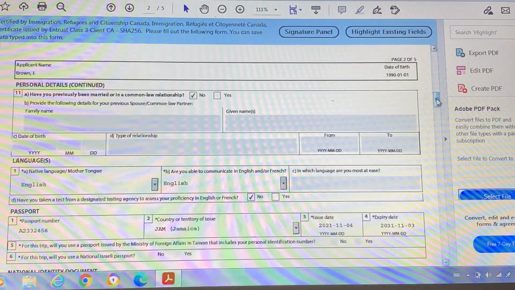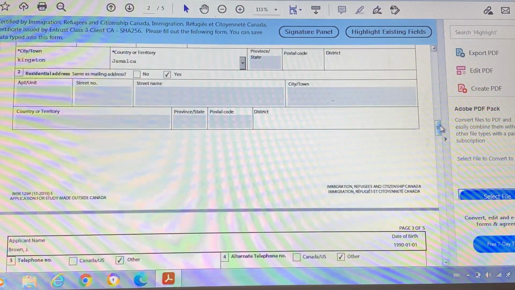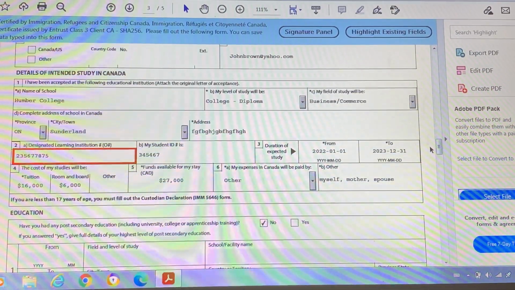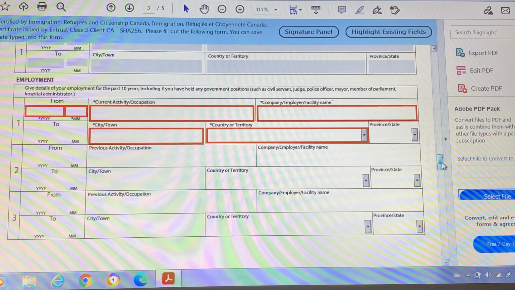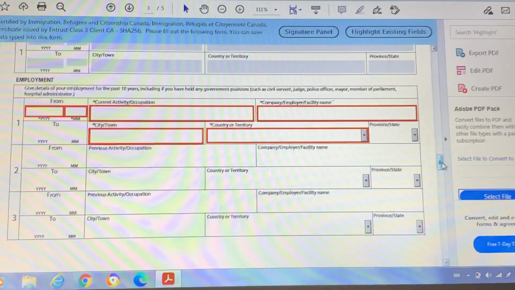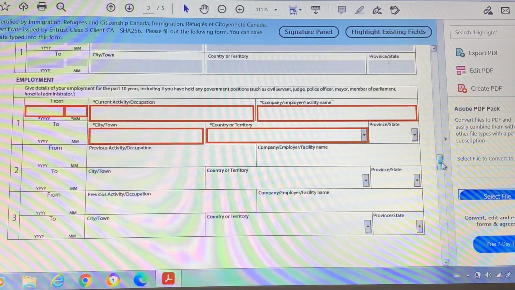All right, guys. In this case, I know that the DLI is in red, so it wasn't gonna allow me to validate it because I'm using a fictitious DLI number. Okay, guys. And of course the employment section is all blank, as I told you guys, so it won't allow me to validate, but it will allow you guys to validate as long as you fill out the application form properly, and then you are good to go.